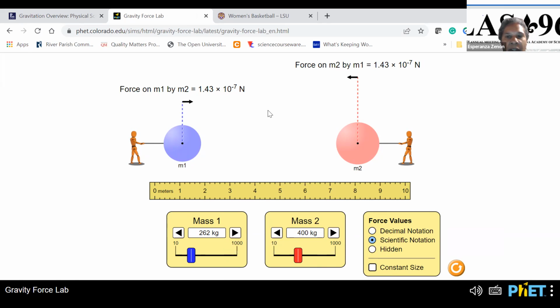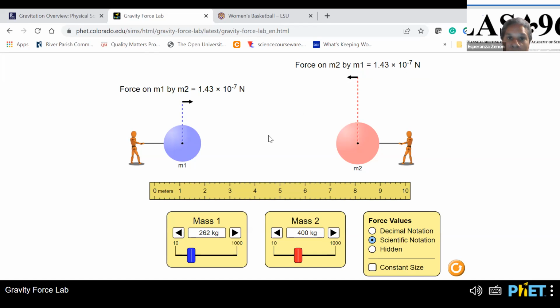So what happens here is as you change the mass and change the distance, the value of the force changes. But you notice that this object is being pulled to the right. The purple object is being pulled to the right with 1.43 times 10 to the negative 7 newtons, and the red object is being pulled to the left with the same amount because it's an attractive force.